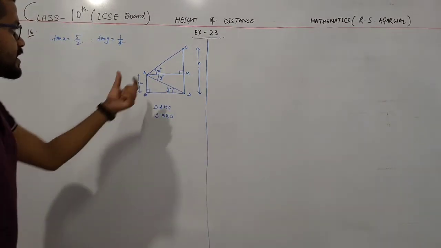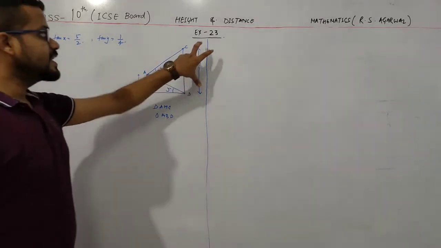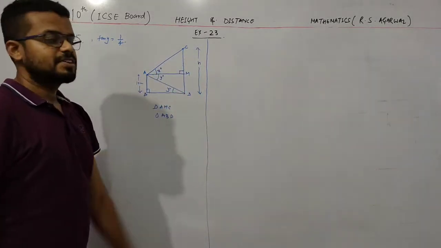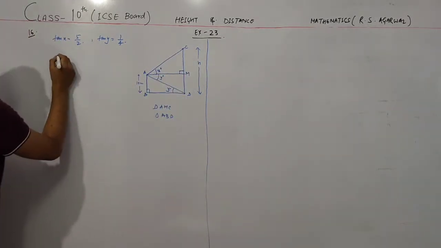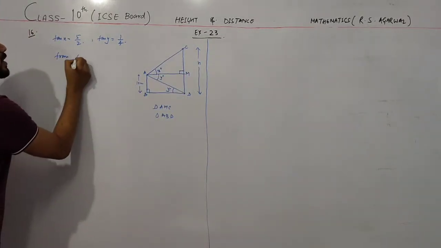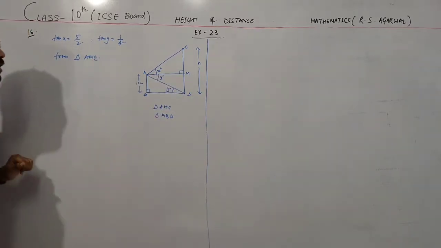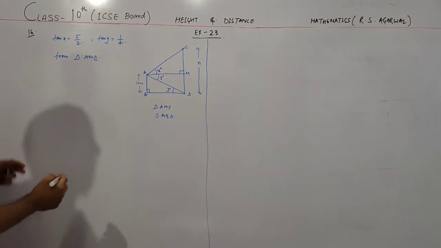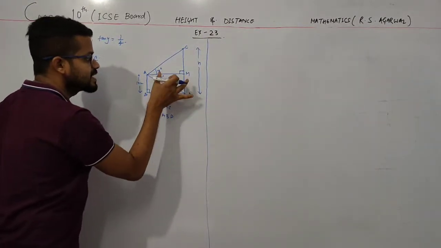We take both these triangles and solve the problem to calculate the height of this tower. Firstly I am taking triangle AMC, where this is the height and this is the base.